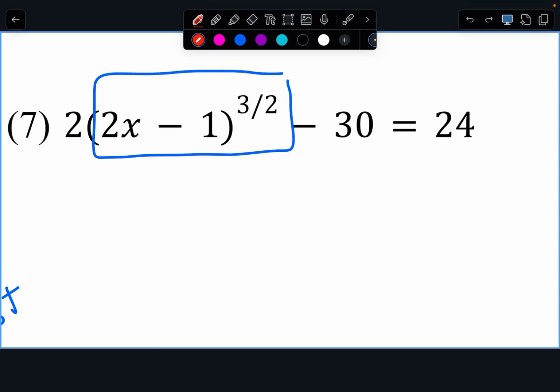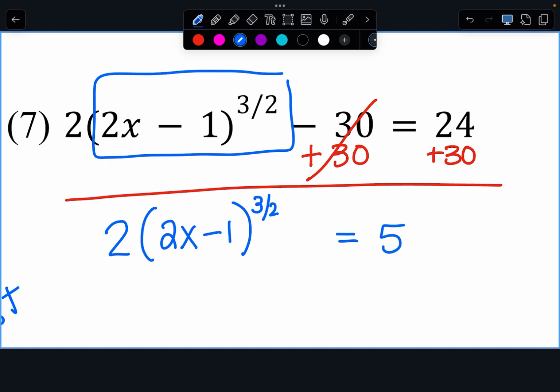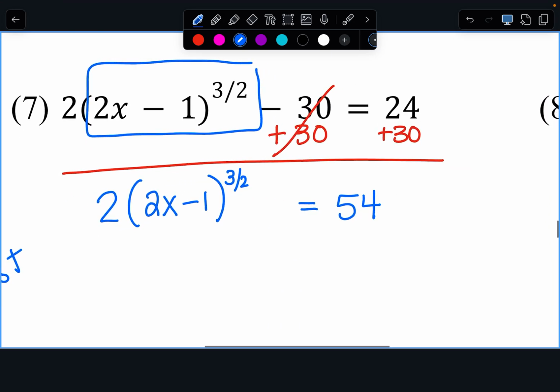So we're gonna get rid of the minus 30 first by adding 30. We're gonna divide by 2 on both sides.